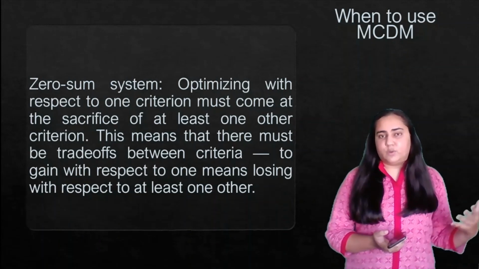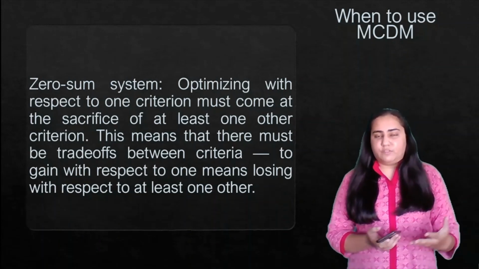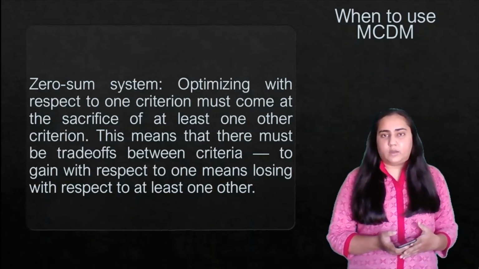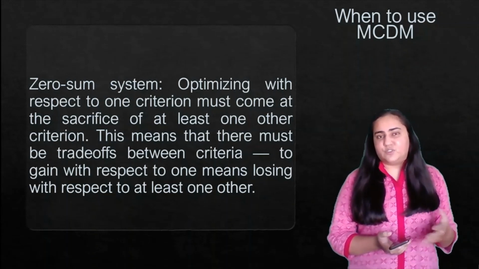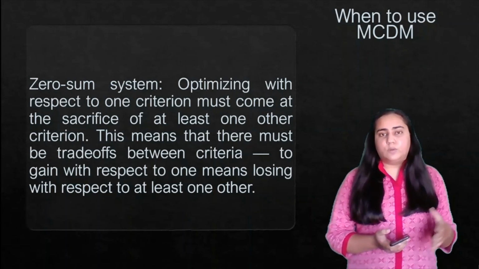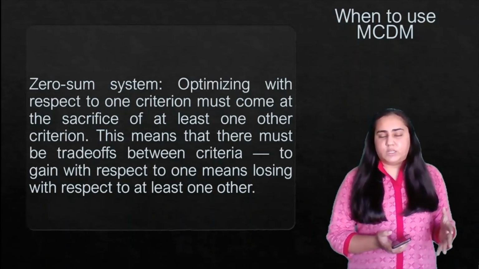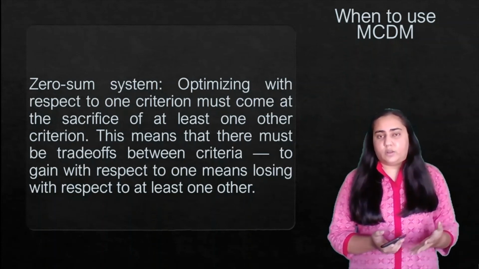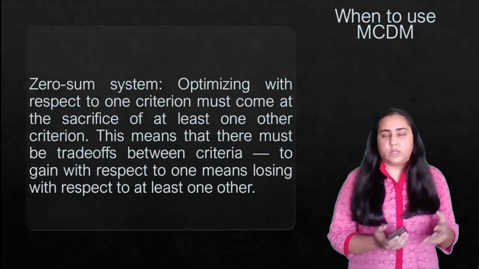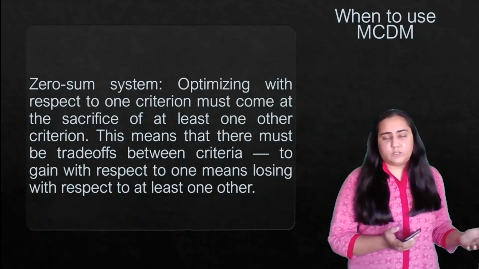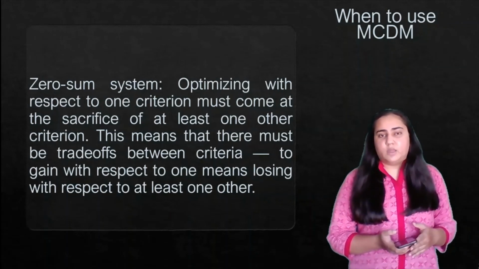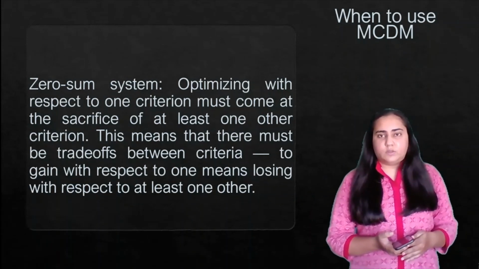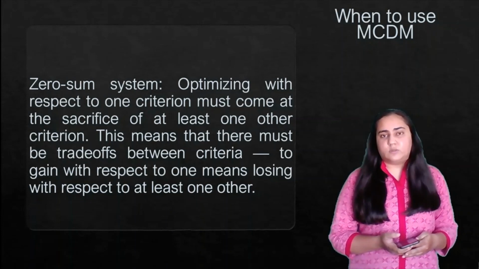Obviously, if you're prioritizing one thing, you are giving less priority to another. That's why MCDM is a zero-sum system, and you should use it only when you have multiple criteria and you're ready to prioritize some criteria over others, which could help you make a better decision. At the same time, it wouldn't consider all criteria equally. That's what the MCDM system is all about.